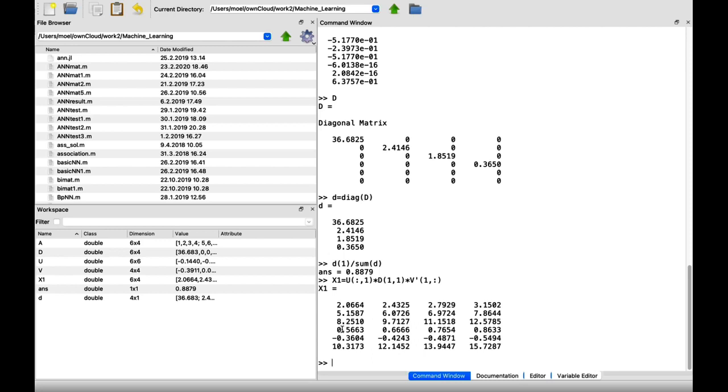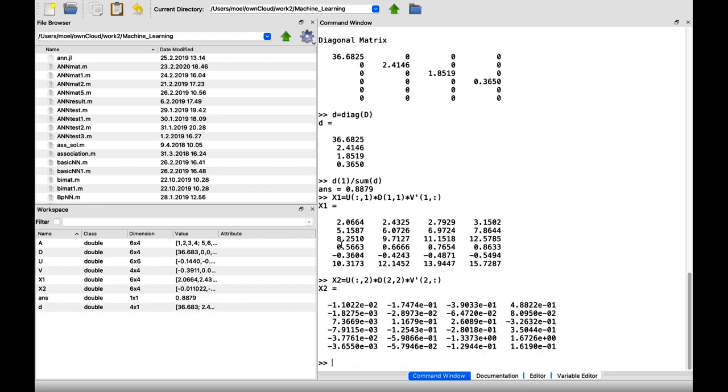Okay, if you want to take more information, we can also generate x2, which will be the second column, the second element here and the second row. Okay, so this is the second element. If you add this x2 with x1, you will get a better approximation.